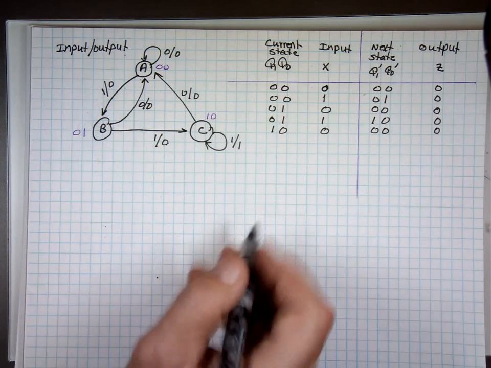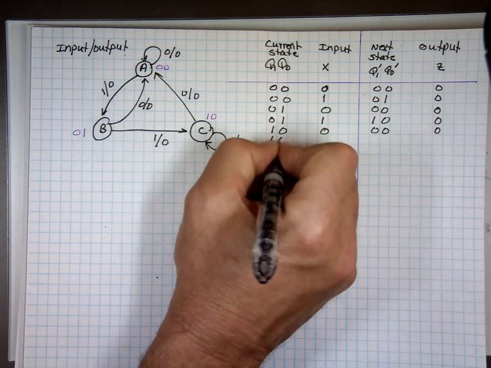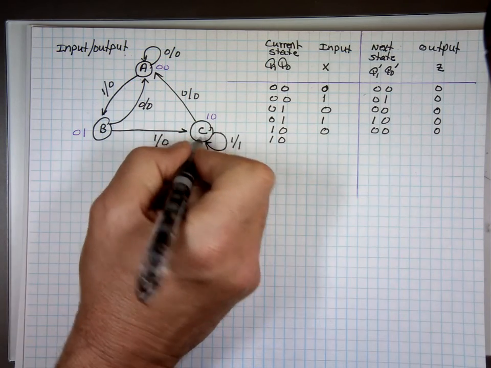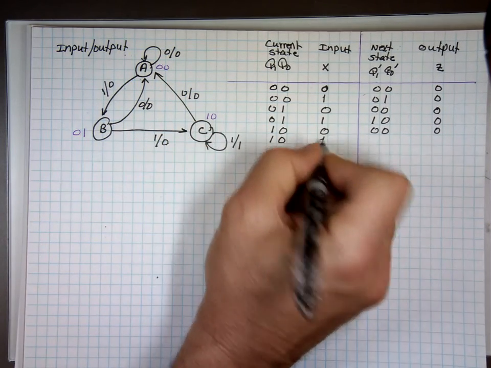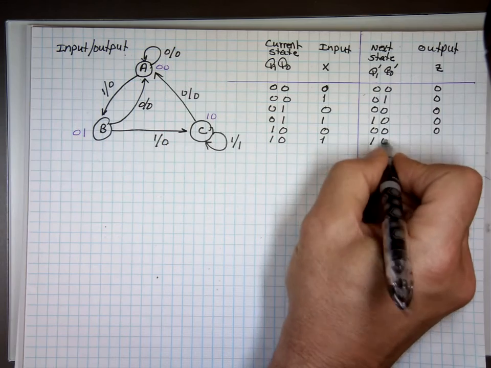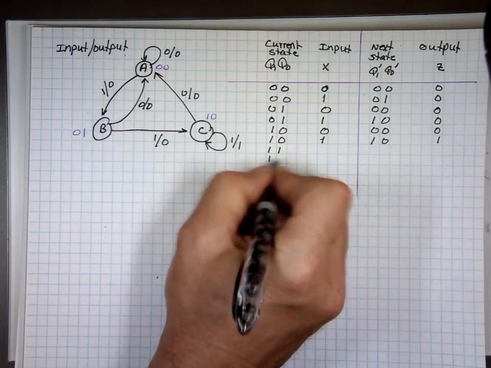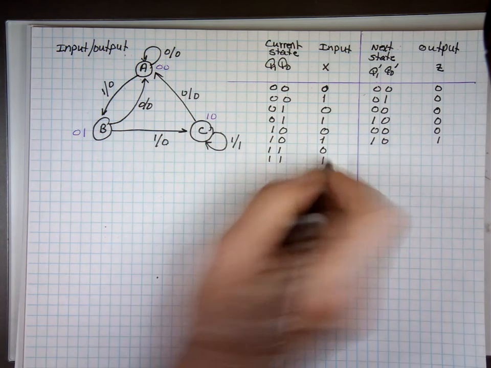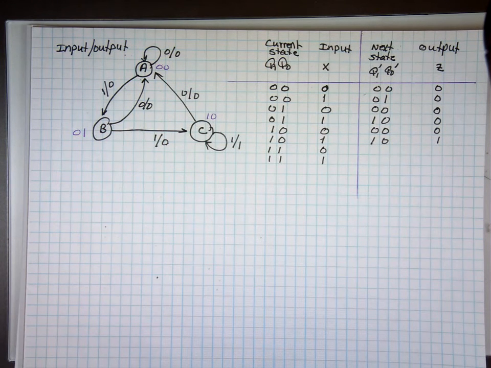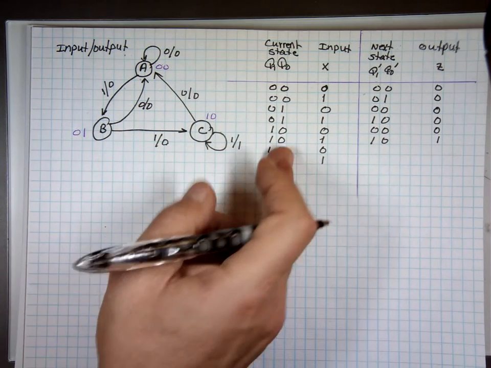If I'm at state 1, 0, and I put a 1, I stay there, output is 1. And the state 1, 1, I really can't answer that because it doesn't say anything about them. It could be don't care, it could be anything. I'm not the designer of this. If somebody said design this, then I can decide on that. So these two I'm not using here because there's nothing mentioned about what will happen if we hit state 1, 1.